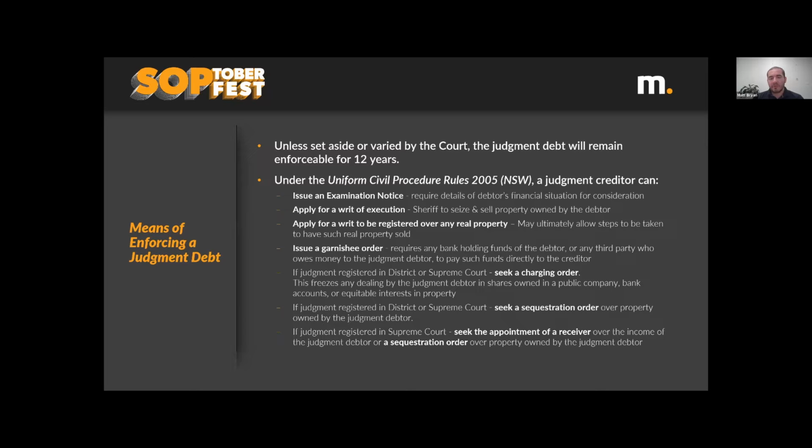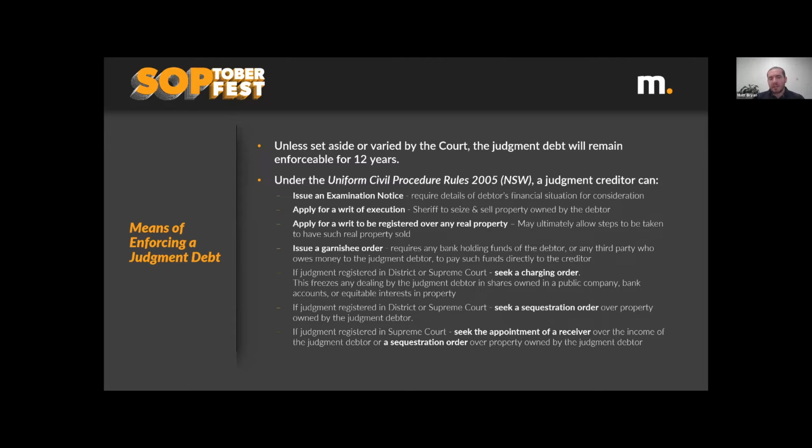A charging order, for example, might be a better way to go about it, or the examination notice, as you said at the outset, Pat. It's a good way of assuming there's compliance with it, getting a snapshot of the other side's financial circumstances, and that as well can help you make some better, more informed decisions about enforcement.